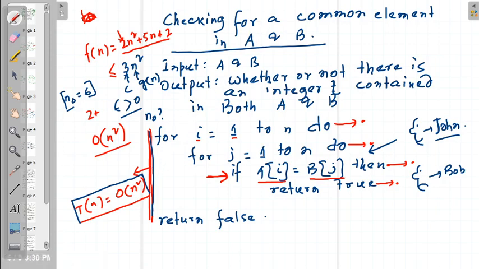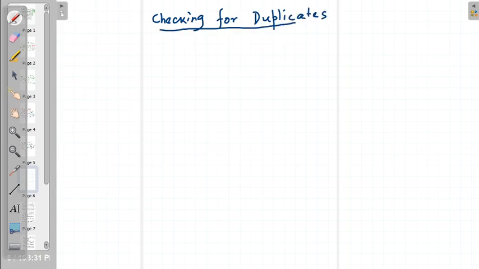And maybe another one I can write: checking for duplicate elements. You should be writing this right now, and after 2 minutes I'll be asking someone to answer this.